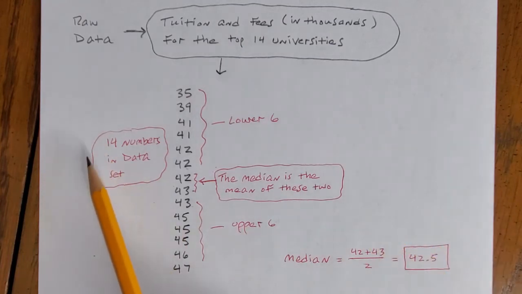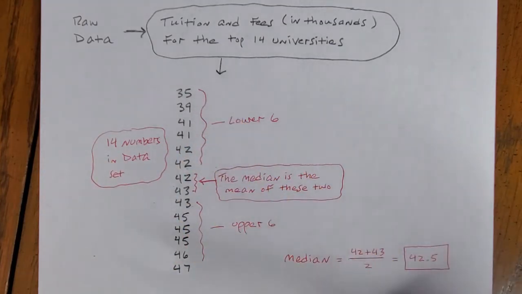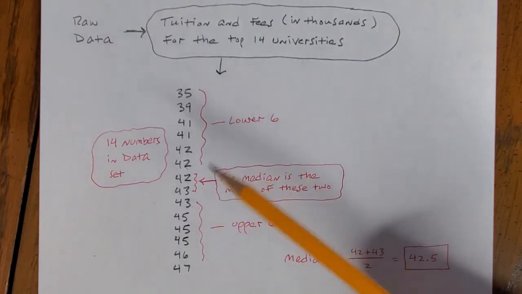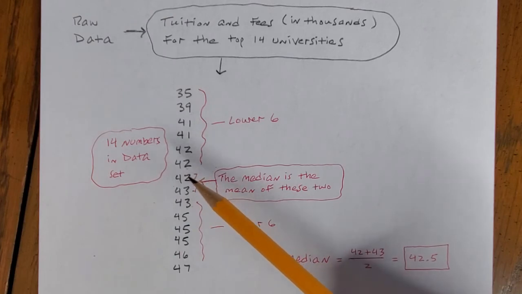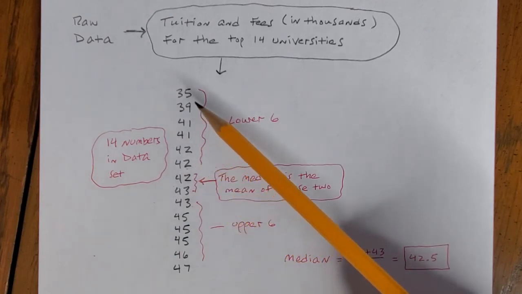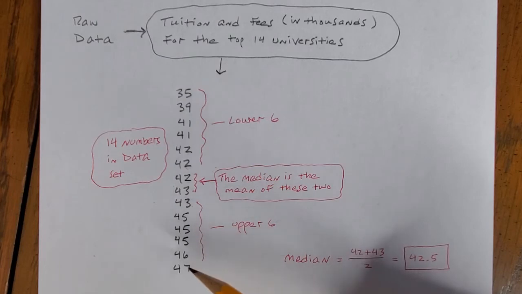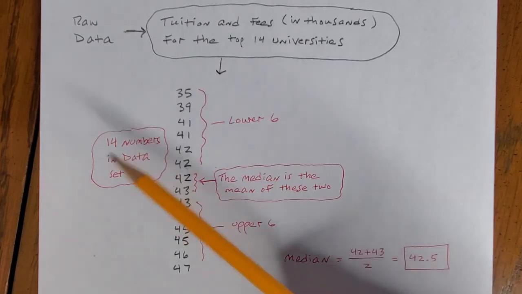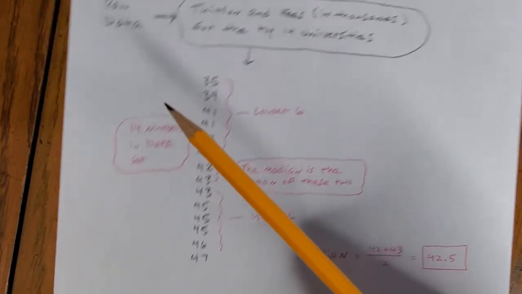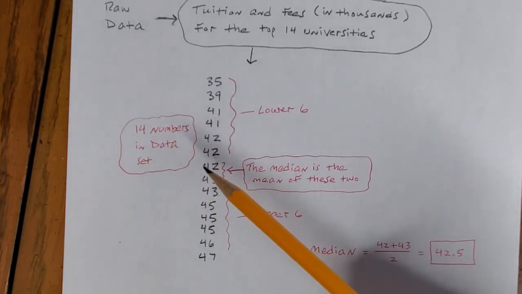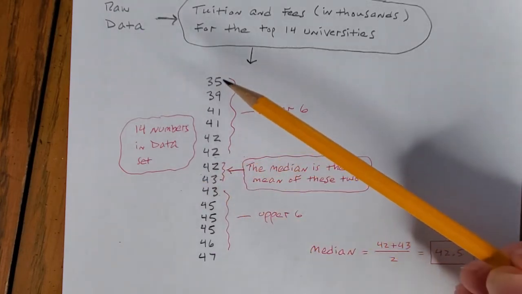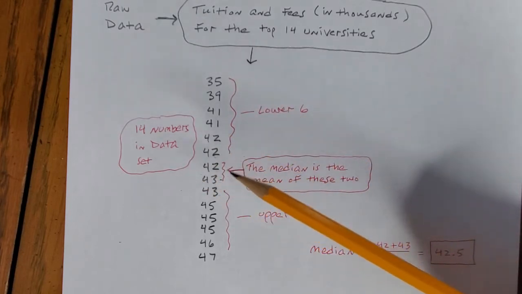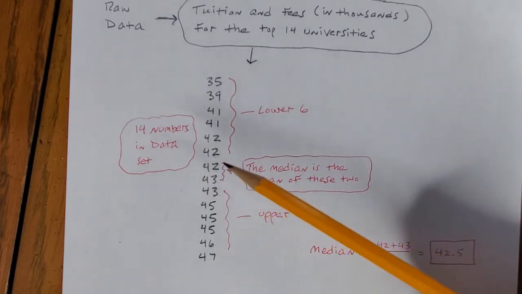Here there are 14 total entries in the data set, all right? Now, remember, I said if there's an odd number of entries, you can pick the one that's right in the middle, meaning with an equal number below it and an equal number above it. If there's an even number, then you'll have to identify the middle 2, such that there's an equal number below the middle 2 and an equal number above the middle 2.